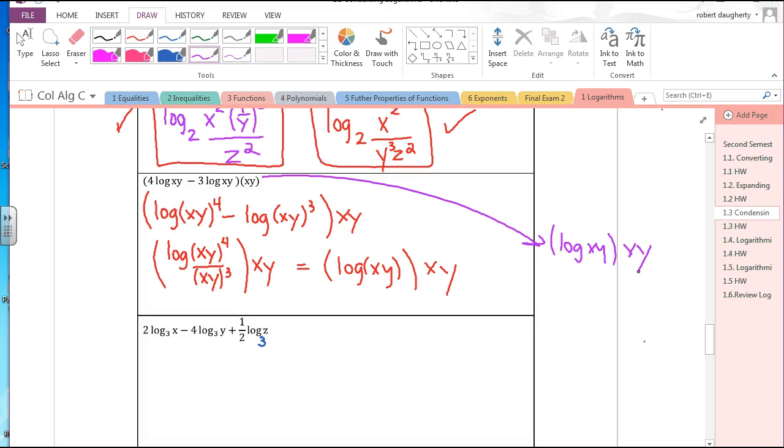So that would have been just an easier step. 4 log xy's minus 3 log xy's is 1 log xy. So it's just log xy times xy. So you get the same answer. Okay. Either way there. Pardon me? Yeah, that's it. I mean, we're trying to get it down to one expression. Okay.